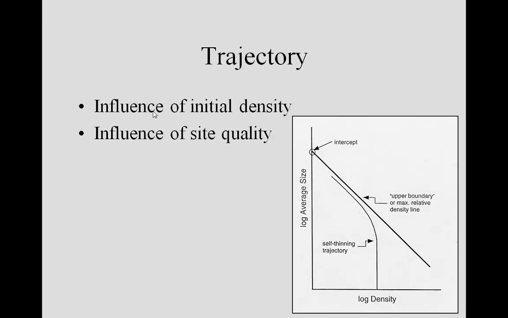Now, there is another way to think about size-density relationships. We have a boundary line for some hypothetical species that we're interested in. So there's that species boundary line, and we're going to look at what would happen if we had a young stand that has this initial density, and we're going to watch those trees grow. Now there is no time on this figure, but as we move the cursor along this trajectory, that really indicates stand development.